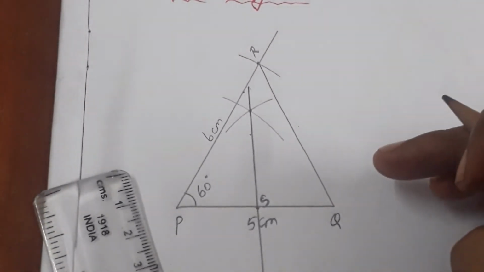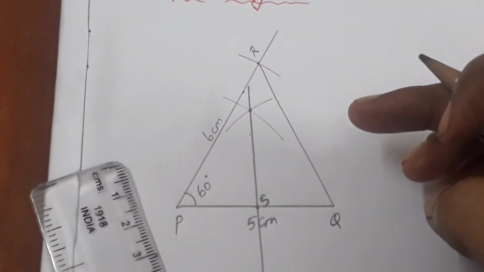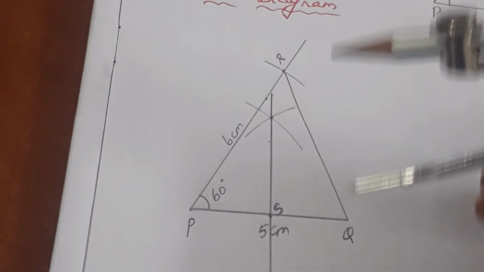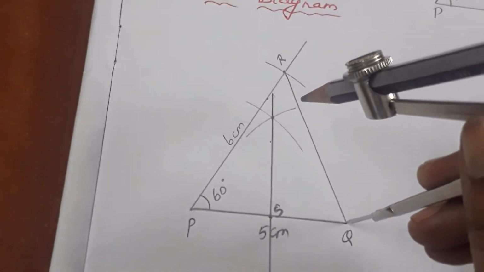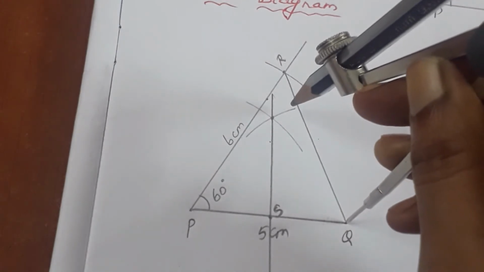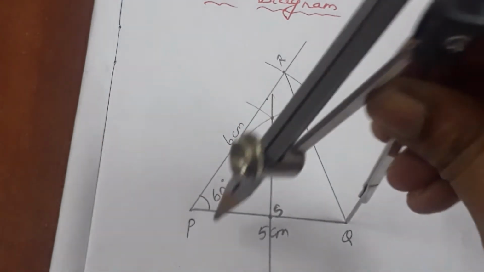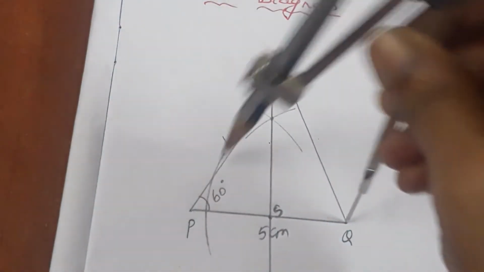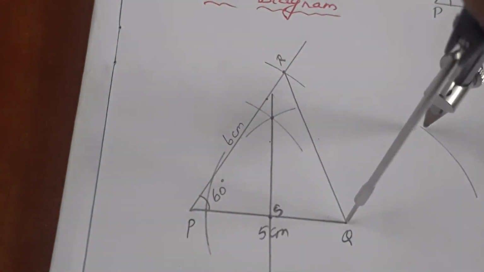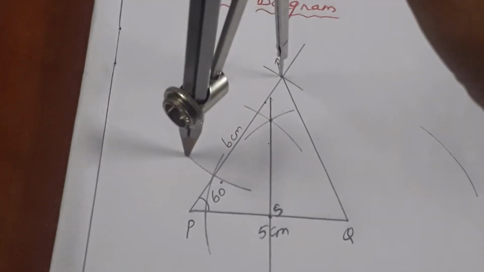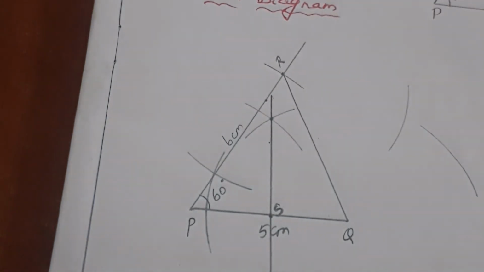Now we are going to construct another perpendicular bisector, of QR. So how will you draw the perpendicular bisector of QR? Take a compass, fix your compass at Q, and then take more than half of this line segment QR like this. Then draw one arc like this, and here also draw another arc. Then keep your compass at R, draw one more arc here like this, and here also draw another arc.